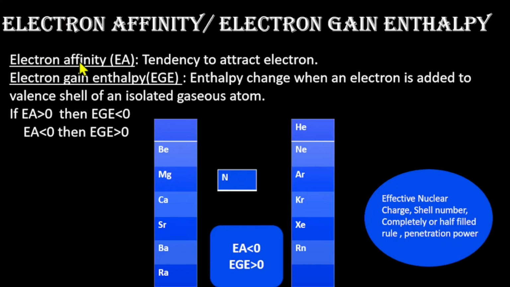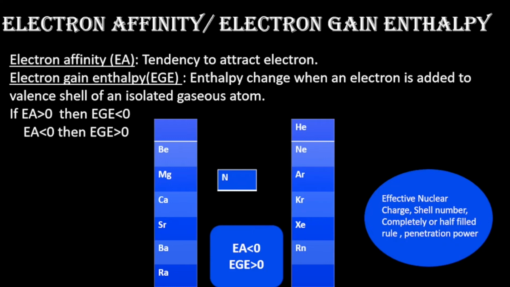So what is electron affinity? Tendency to attract electron. Electron gain enthalpy: enthalpy change when an electron is added to the valence shell of an isolated gaseous atom. Now the important point is that if electron affinity is positive, then electron gain enthalpy will be negative. What does this mean?